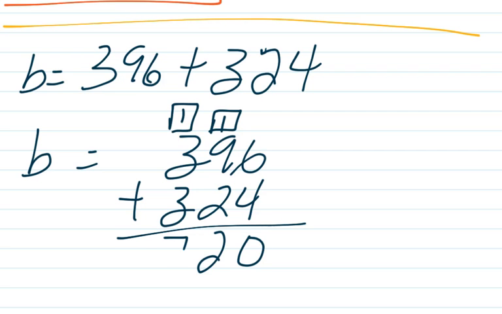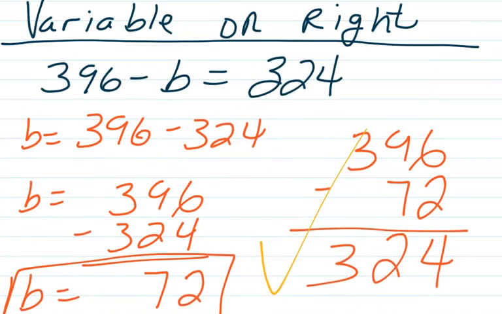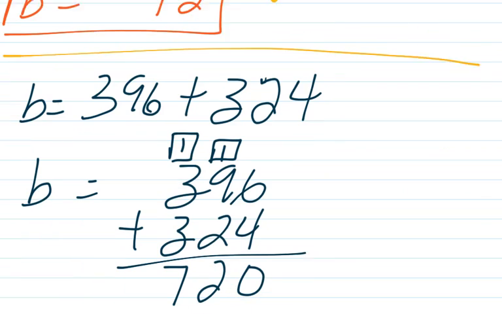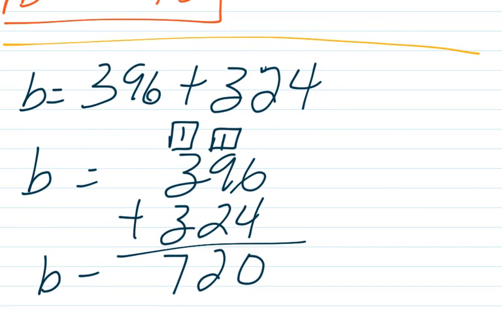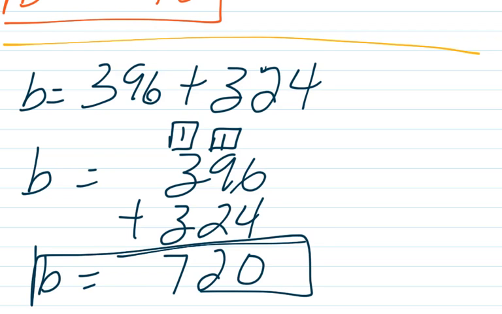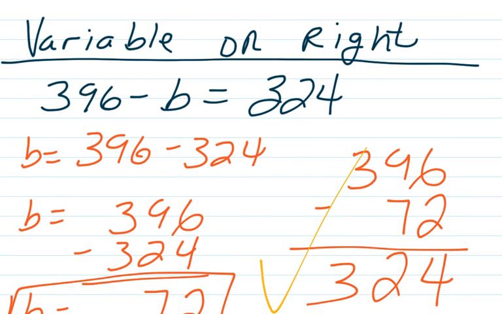Regroup. 720. So if I substitute that in for B, my bigger number is on the right, so we're going to get a negative number. So that means that if the variable is on the right, we don't do an inverse operation and we still subtract.